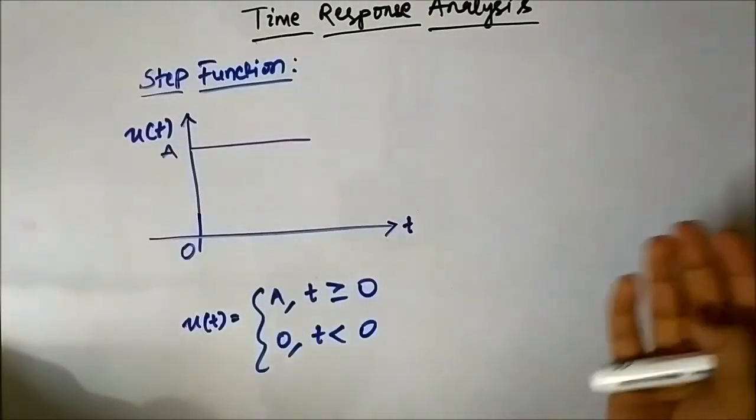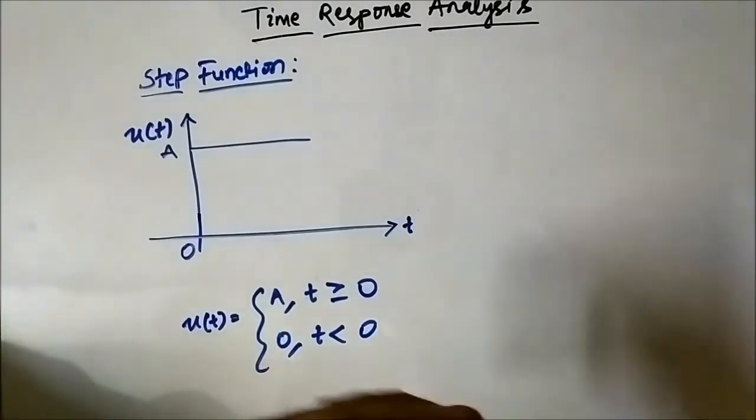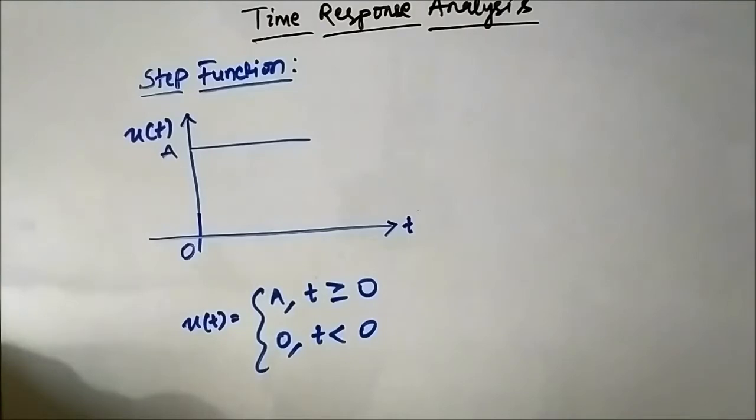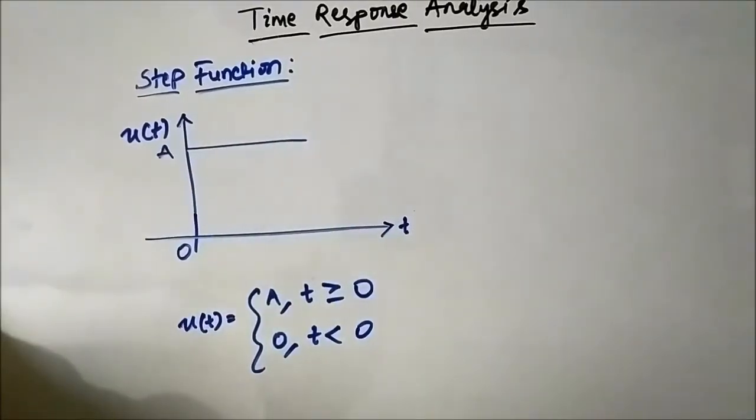In the analysis of the output of unknown systems in time response analysis, we have to use the S domain approach, or Laplace transform approach. So we have to consider the Laplace transform of both the input and the output.